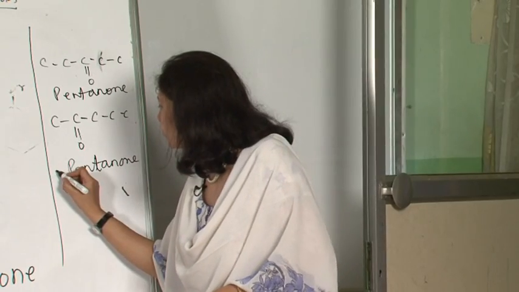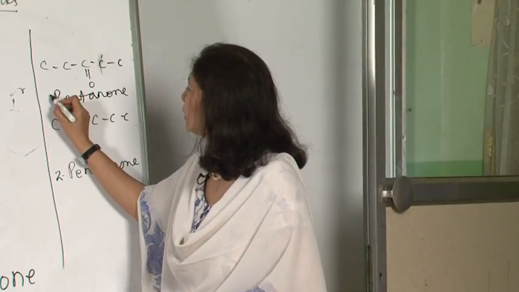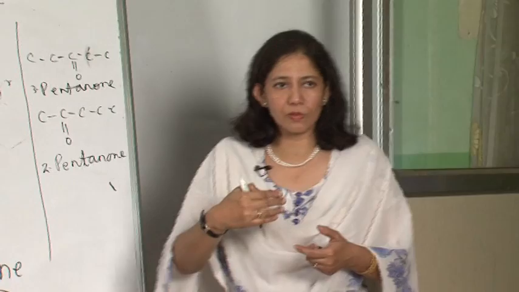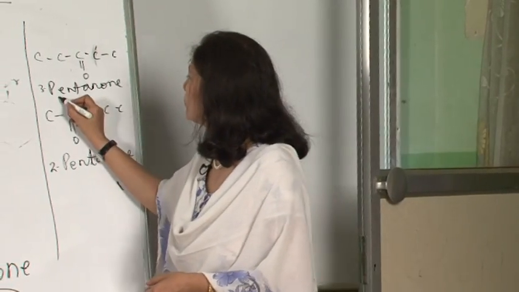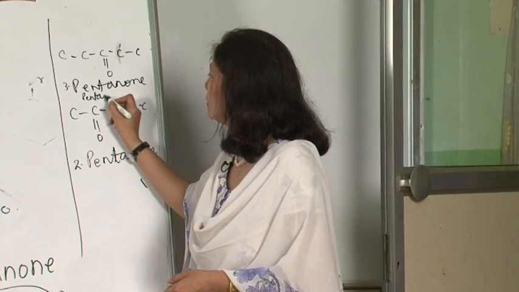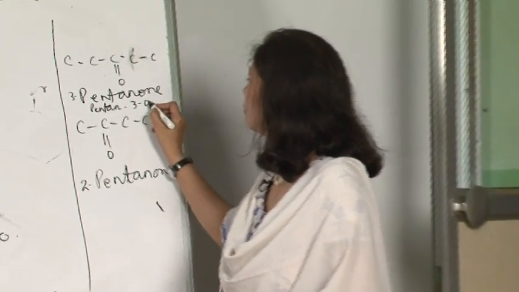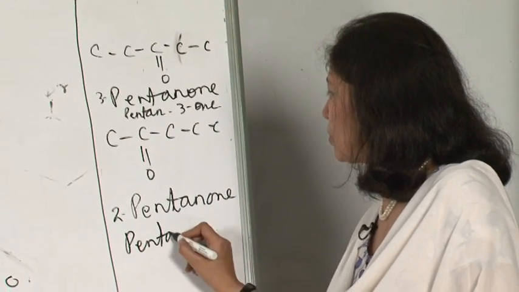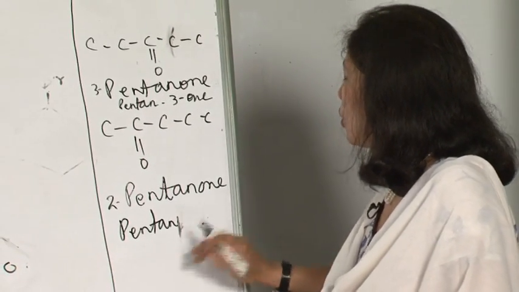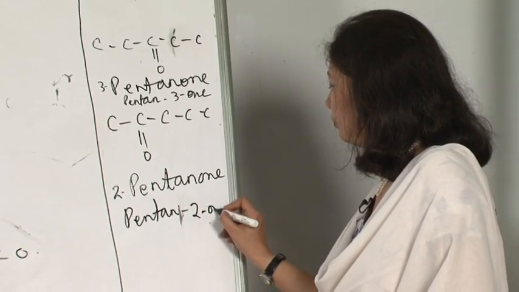So here I write down this part as 2, this one I can write down as 3. Or the latest one, whatever IUPAC nomenclature designed after 2004, the word goes here as pentan-3-one. And this one goes as pentan-2-one.